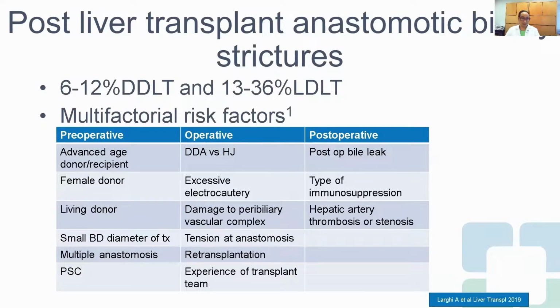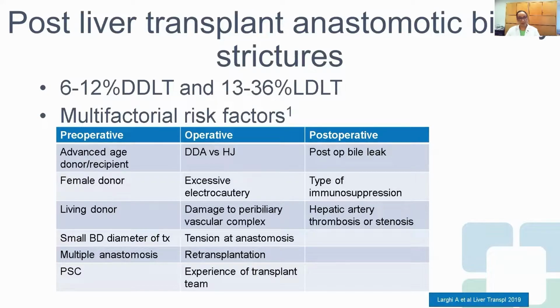They range from the preoperative phase of these patients: those who have advanced age, either donor or recipient, a female donor, patients who undergo living donor transplant, patients who have small bile duct diameter at the time of transplant, patients who have multiple anastomoses, and we'll discuss a case showcasing this, and patients who have PSC.